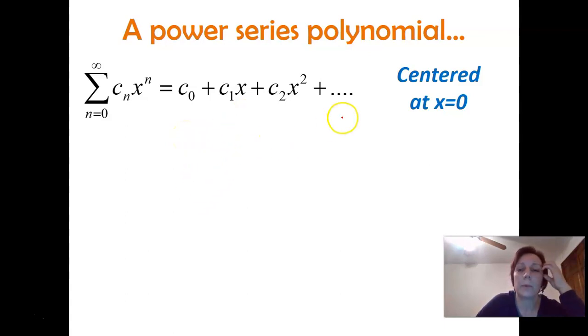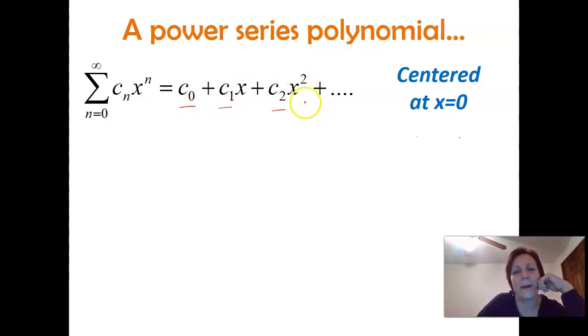Okay, we'll talk more about this centering in a little bit, but you'll notice that your interval of convergence went -1 to 1, which is centered at 0. All of the series we do at first are going to be centered at 0. This looks really confusing, but look what this is. It's an infinitely long polynomial. So these c's are just coefficients, and it's saying I'm going to have a constant term, an x term, an x squared term.